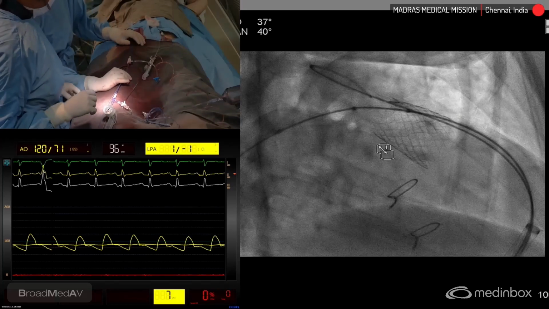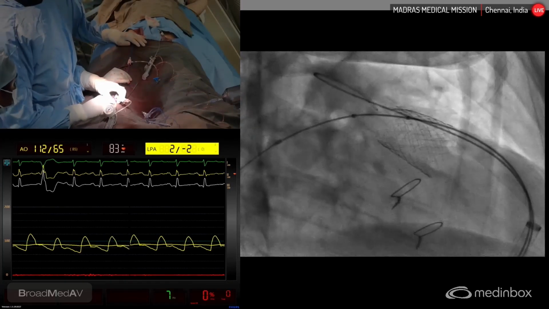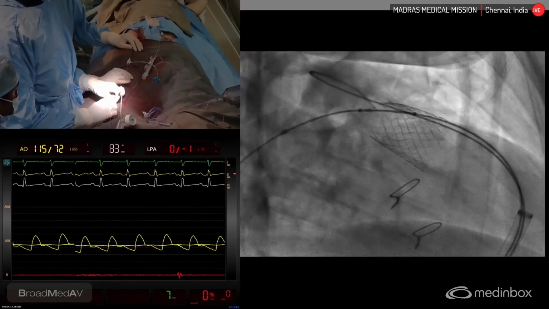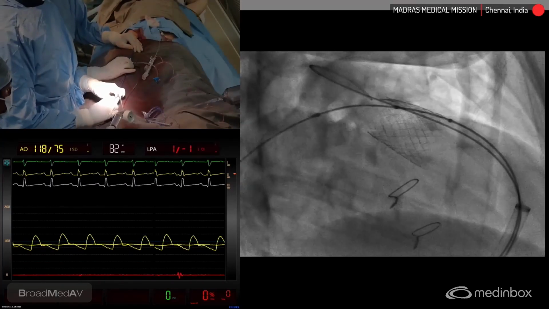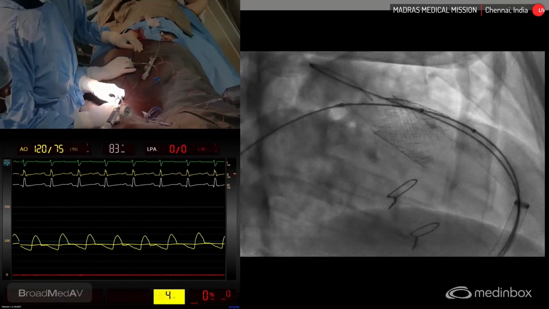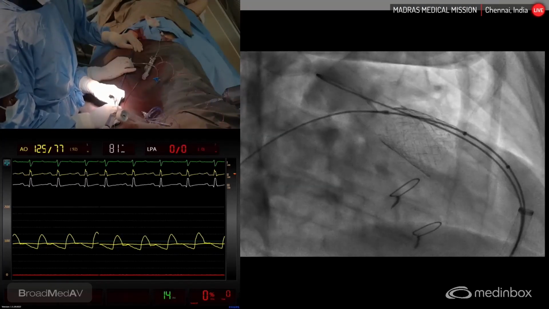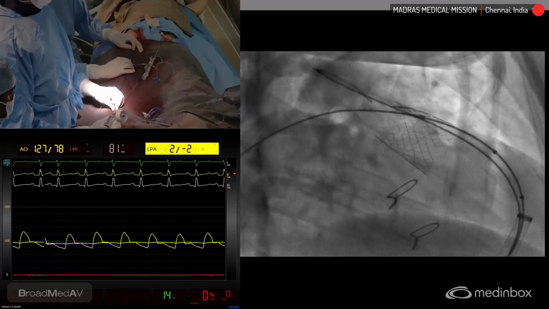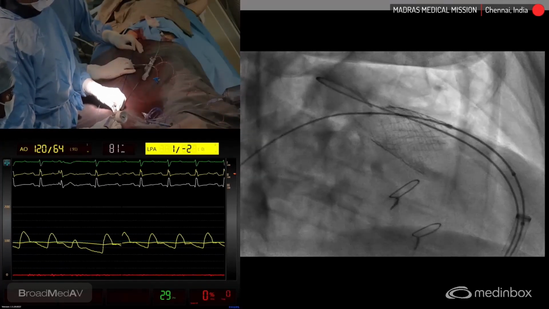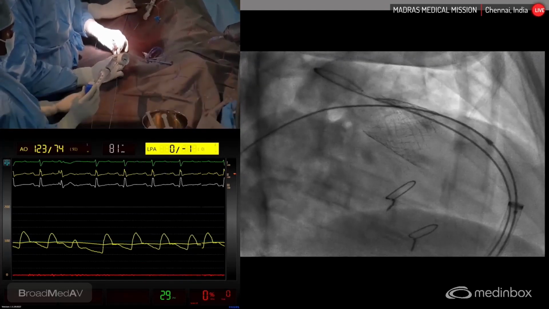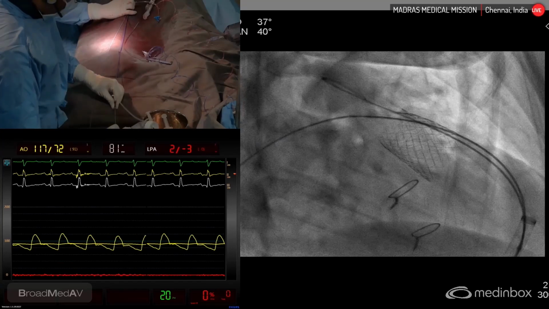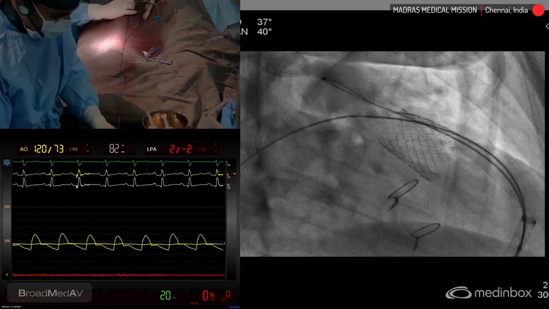So now we are going to get this balloon slowly withdrawn. So that Atlas Gold is coming out, fluoro store. Run it again.